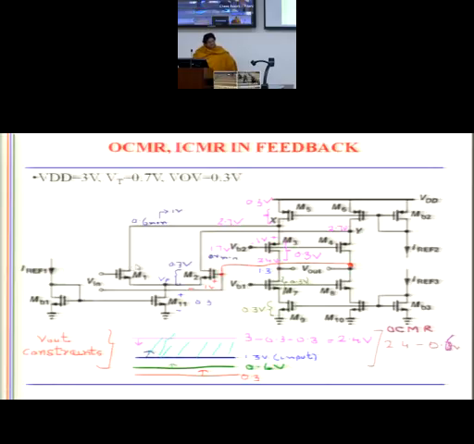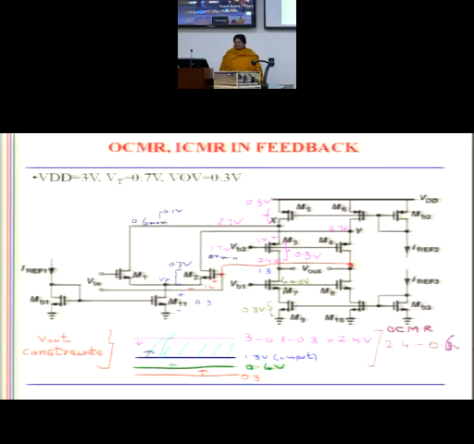But it can be more than 0.3. So if this node comes to 0.9, my circuit will operate and this path will also operate. It hardly matters. So 1.3 does not say that you cannot operate this system. Your drain voltage can be 0.9. It can be more than that. The only thing is that the minimum is 0.3, that's all.